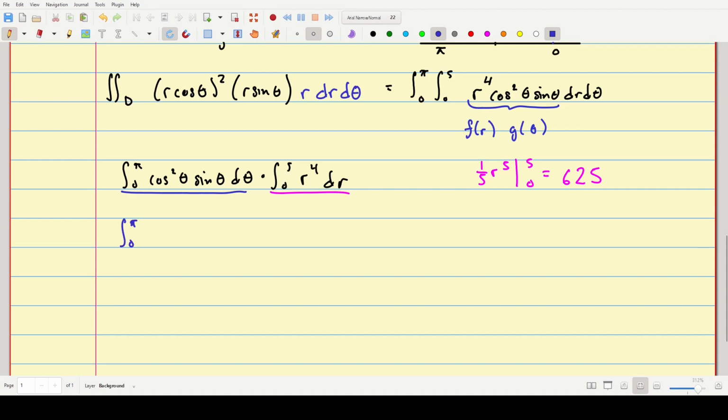For the blue part of the integral, pretty obvious u substitution here, right? That u equal to cosine theta. Du equals negative sine theta d theta.